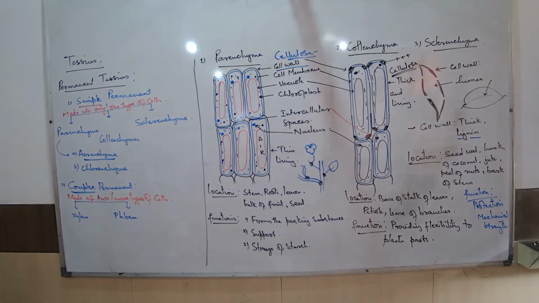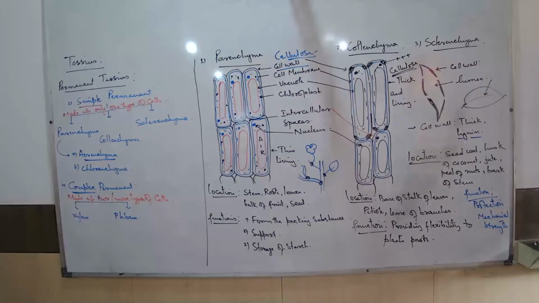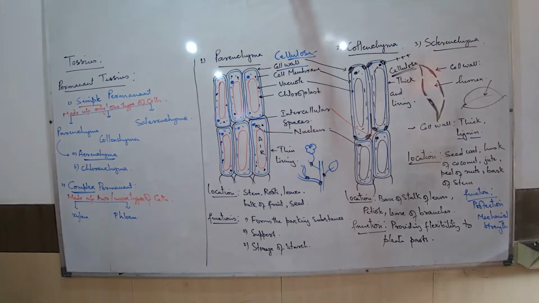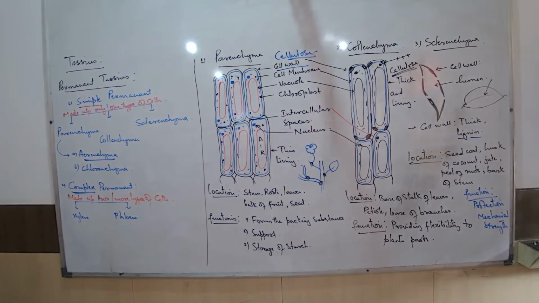Number 4 is a fill in the blanks question: parenchyma cells having a large number of chloroplasts are called dash.